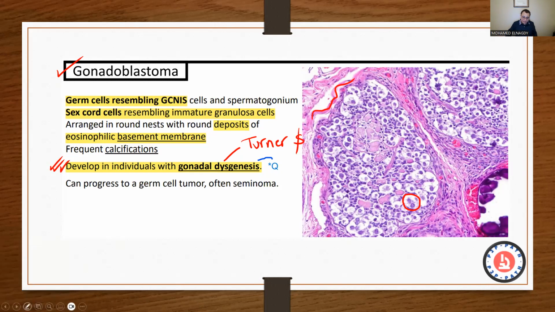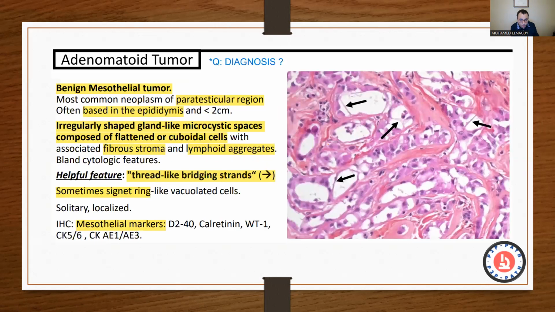What's meant by gonadal dysgenesis is not really Turner, but that's what's happening in Turner in terms of gonadal dysgenesis. There's also Klinefelter syndrome, which I think is more relevant here because we're dealing with male pathology, testis. So Klinefelter syndrome is a male with an extra X. He might have this gonadal dysgenesis thing. Well, you don't really have to dig deep into gonadoblastoma.